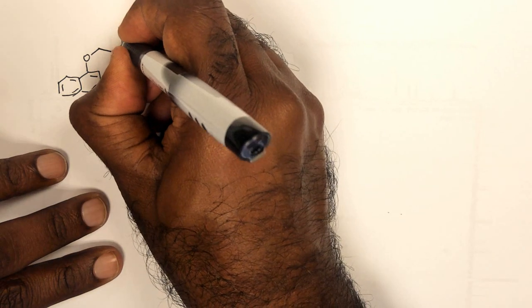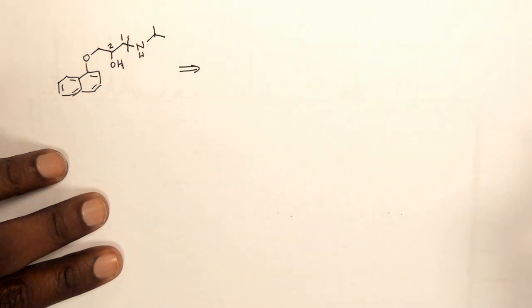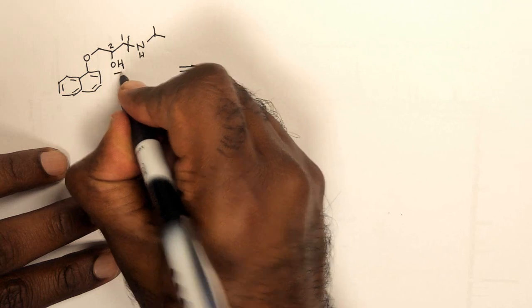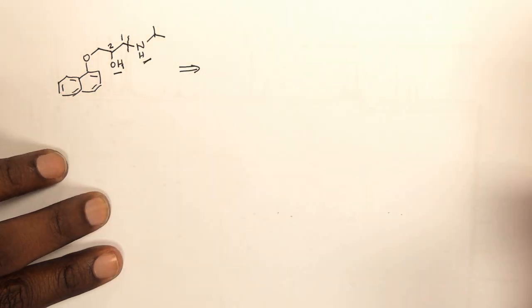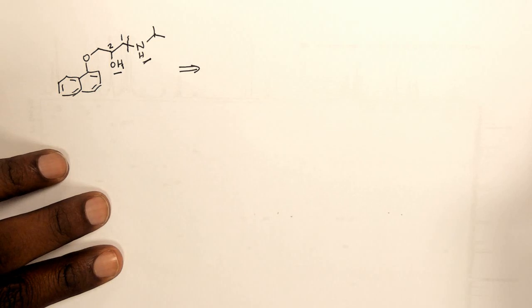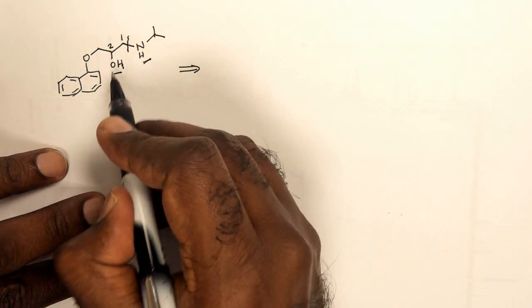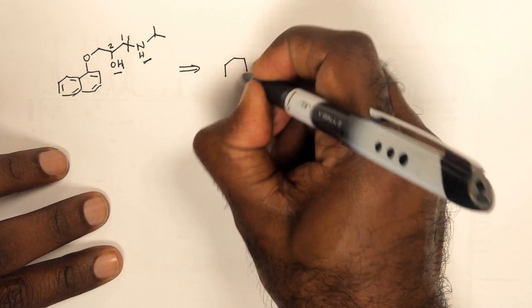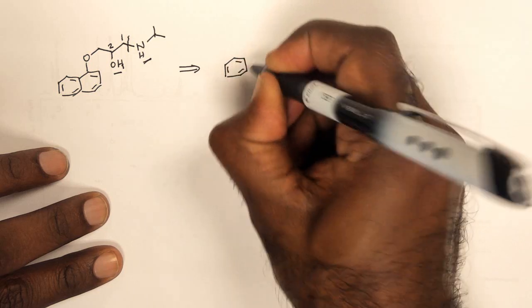The second thing is that I have a 1,2 relationship between the hydroxy functionality and the NH functionality, which means that both these functional groups are on adjacent carbons. And whenever you see this type of pattern and you see a hydroxy group, we can disconnect directly to the epoxide.